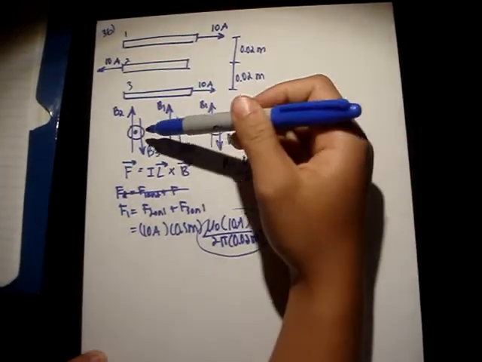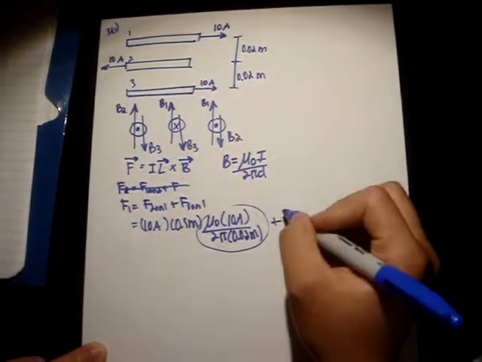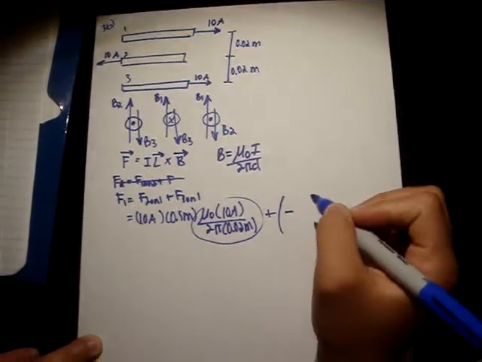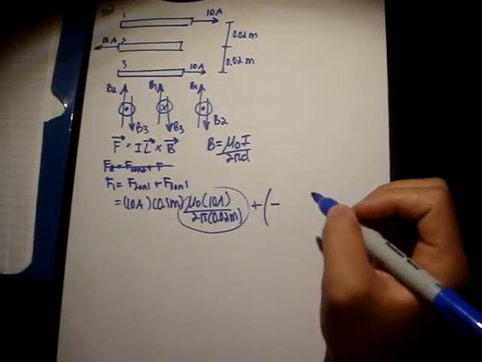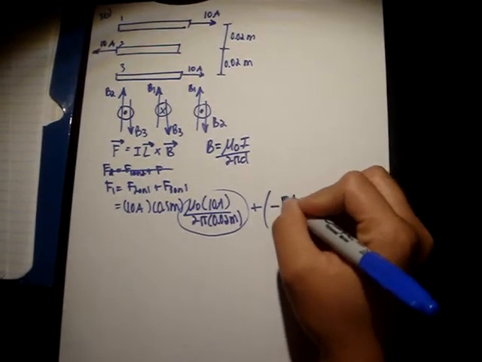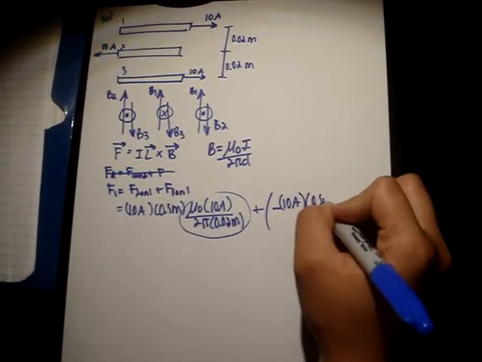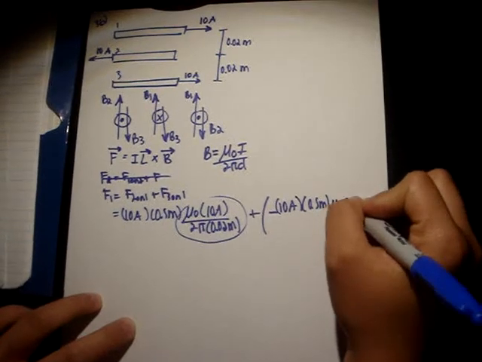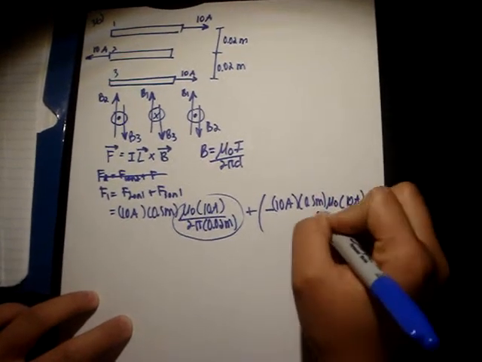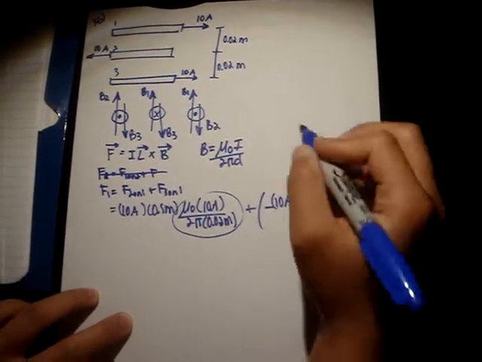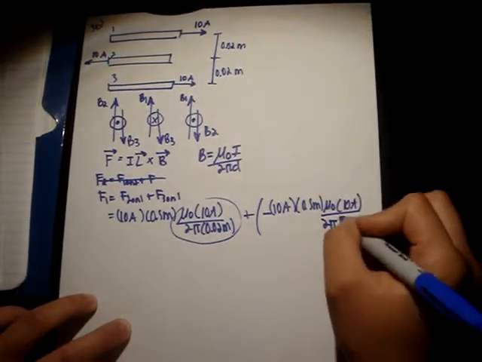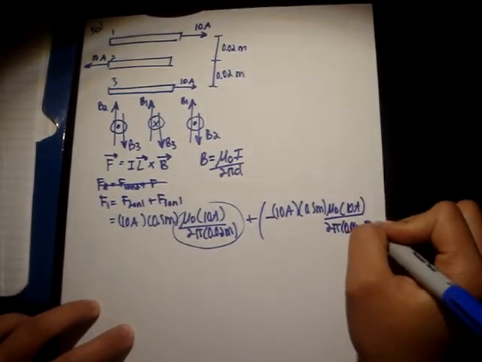Since the force of 3 is going down, it's going to be a negative quantity. And you get negative 10 amps times 0.5 meters times mu naught times 10 amps over 2 pi times the distance between the wires, which will be 0.04 meters.